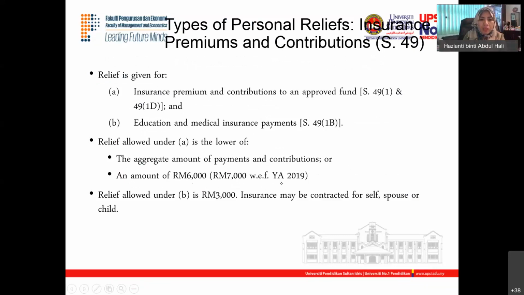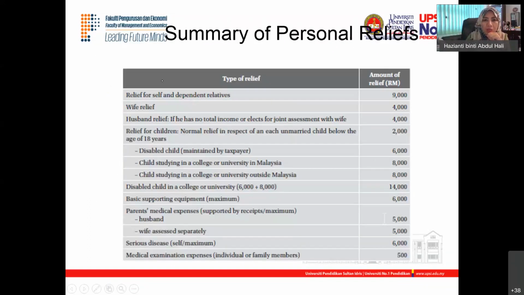Tapi starting from 2019, dia naikkan jadi 7,000, tapi dia pisahkan 3,000 and 4,000 under B ni. Education 4,000 je, EPF 3,000. Education 3,000 je, EPF maximum 4,000. Okay, this is the summary of the personal relief. Yang tadi lah, this is in the table je.